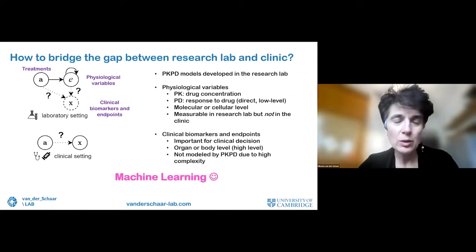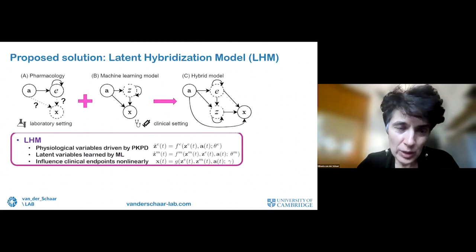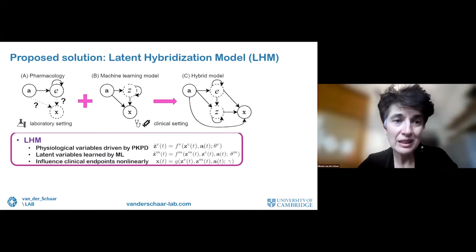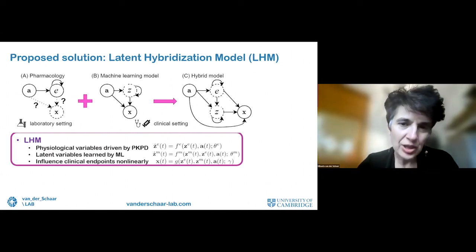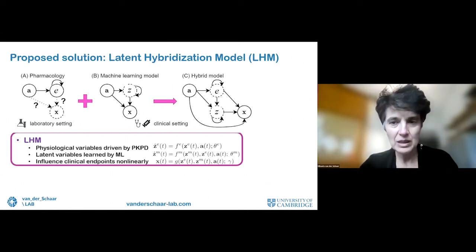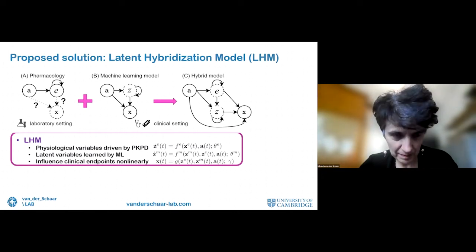Using machine learning, we are able to create this bridge between the research lab and the clinic. And we are doing that using a machine learning model that we have built that we call a latent hybridization model. And this embeds a given pharmacological model into a larger latent variable model, a system of neural ODEs.